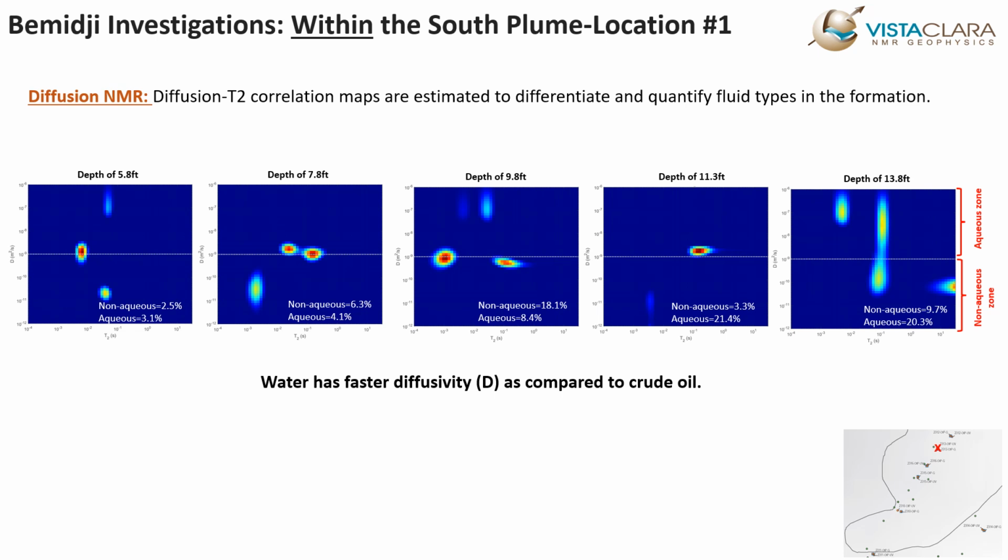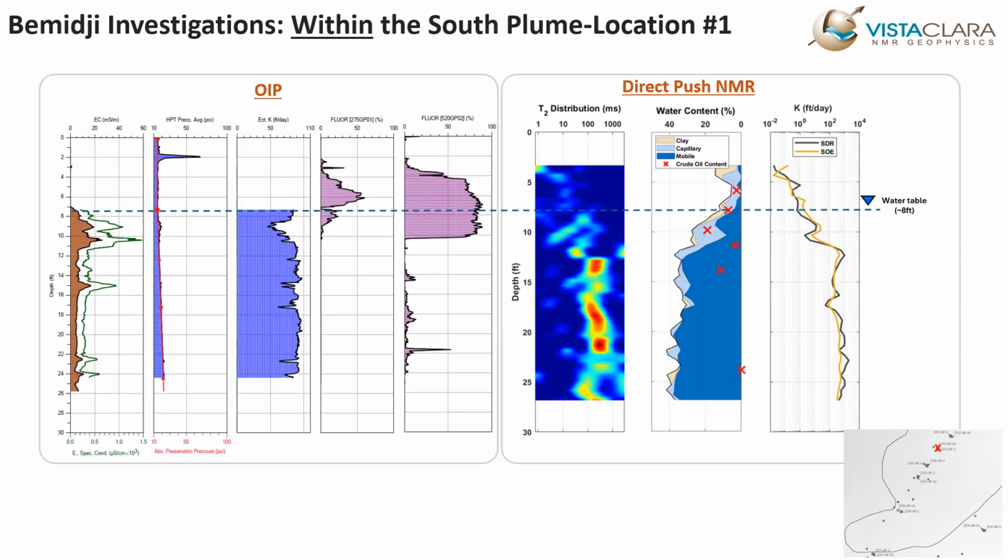And we can set sort of a threshold line and define all the signals above that threshold line with higher diffusion coefficient to be related to the water signals, or to the aqueous zone, and all signals below that line with lower diffusion coefficient are defined as a non-aqueous zone and basically related to the crude oil signals in the formation. So based on these correlation maps that I showed you in the previous slide, we can estimate the crude oil content directly within the formation.